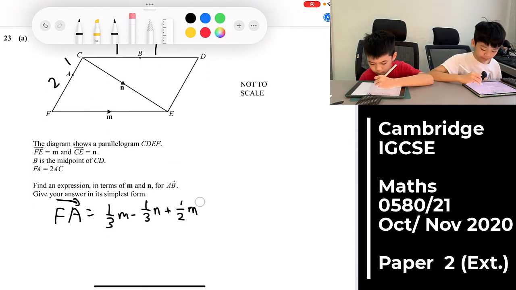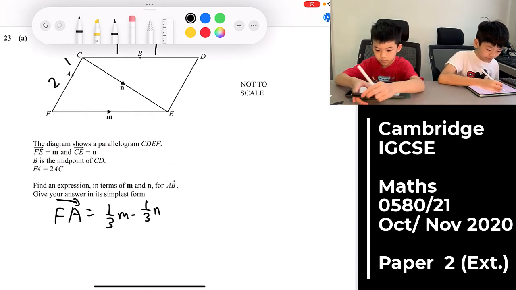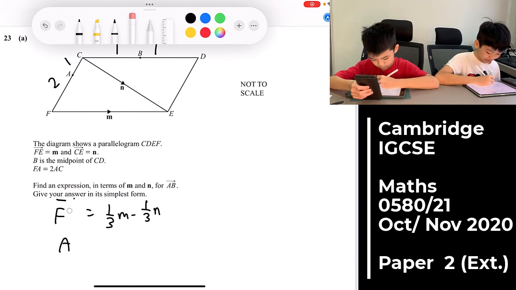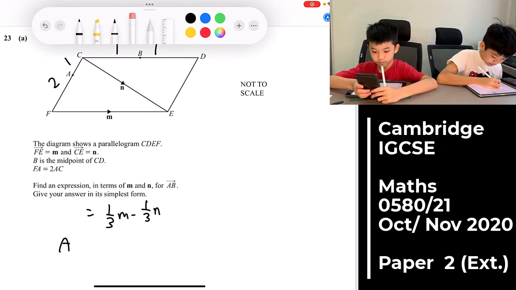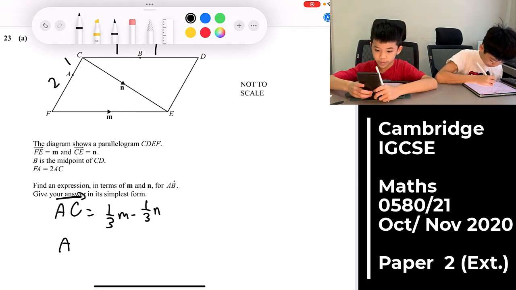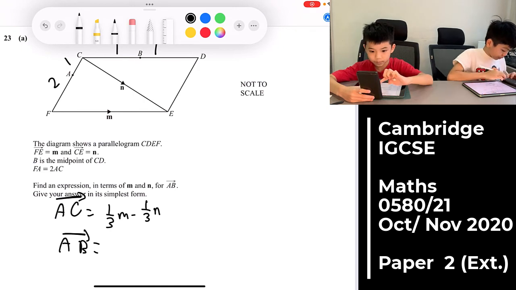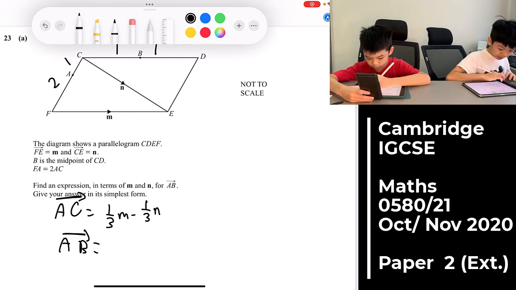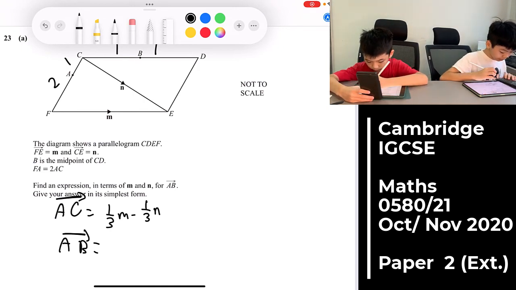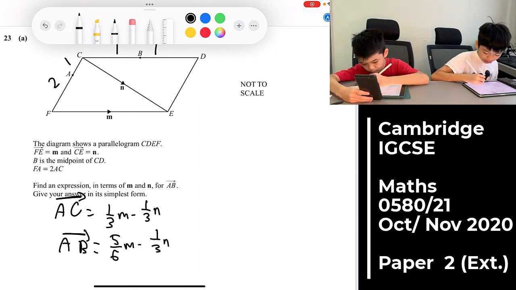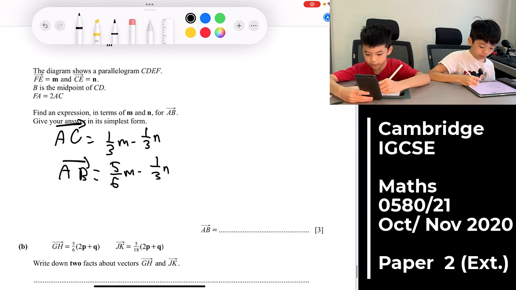Wait, no, half m is theta. So AB is 1/3 plus half, which is 5/6 m minus 1/3 n. 2/3. Oh yeah, 1/3. Sorry.